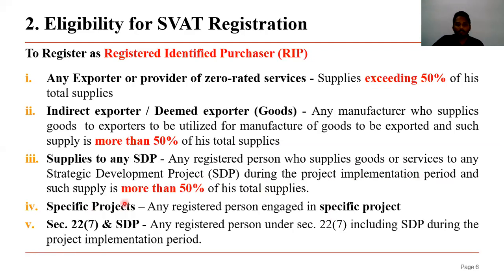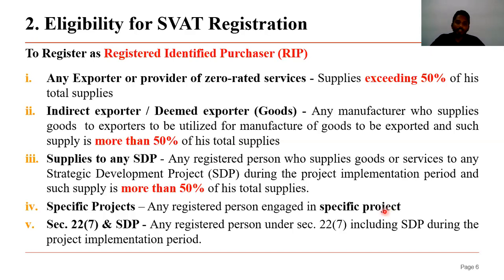Any person registered under VAT law and engaged in a specific project, then the specific projects are normally categorized by the government as specific or strategic development. Then they need to obtain the approval of the government, the finance ministry or the relevant ministry, to become a specific project. Then only they are eligible to go for SVAT as a RIP.